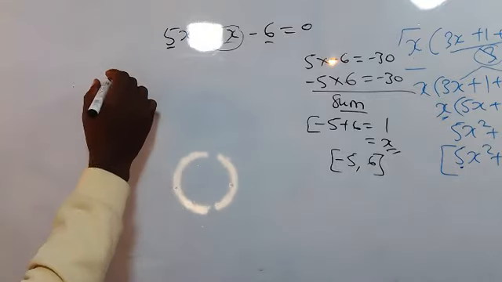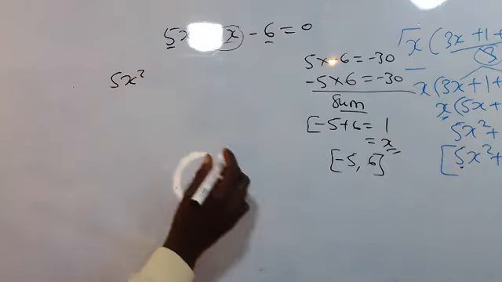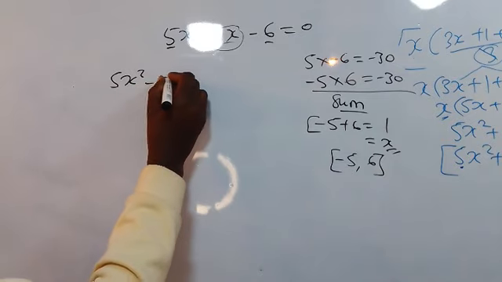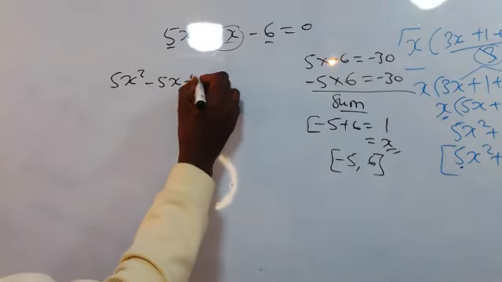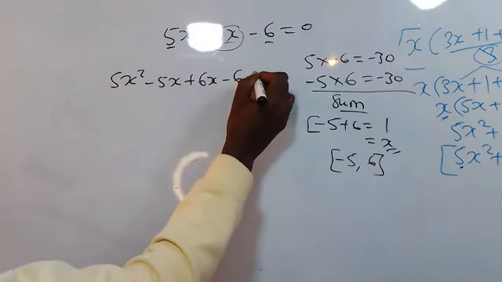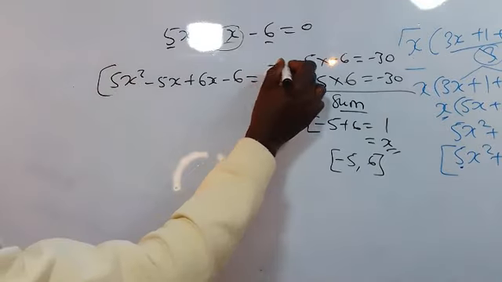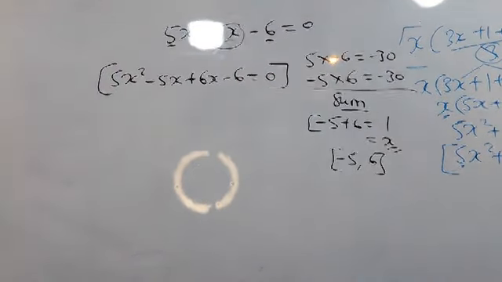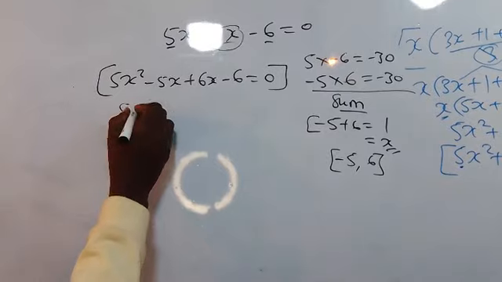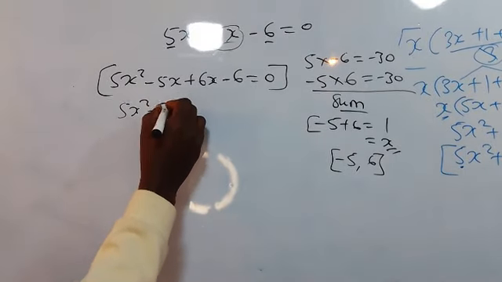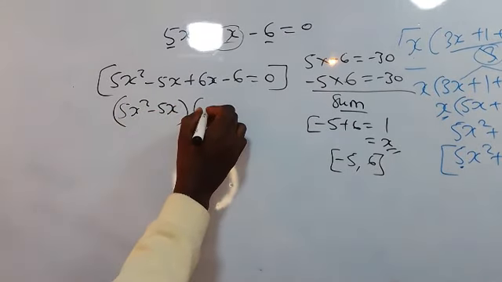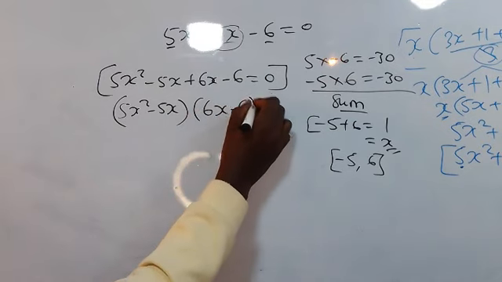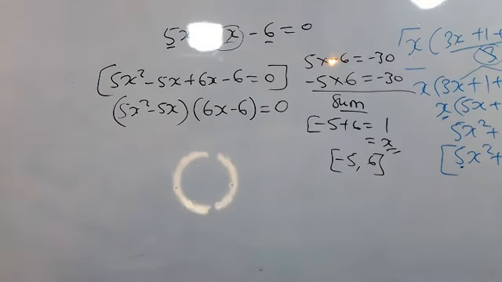So what's going to happen is 5x squared minus 5x plus 6x minus 6 equals 0. That's what you have now. So you can now group them, and then factorize.